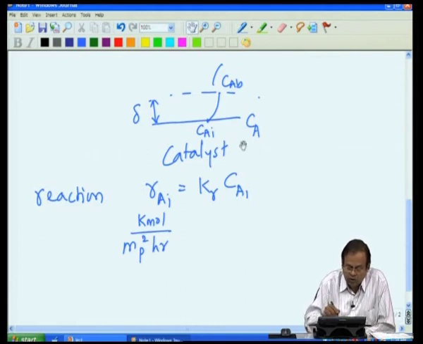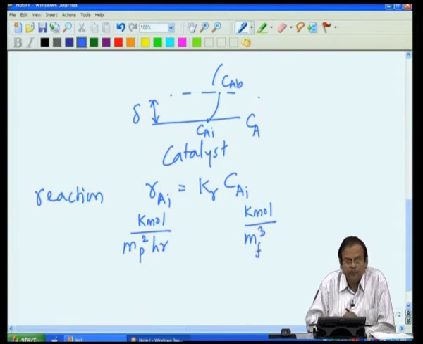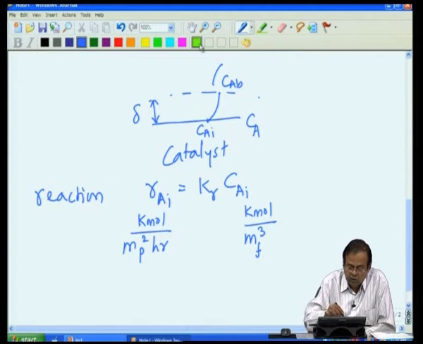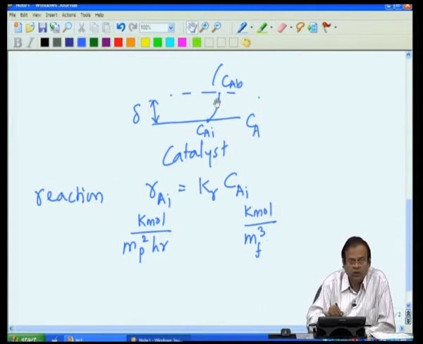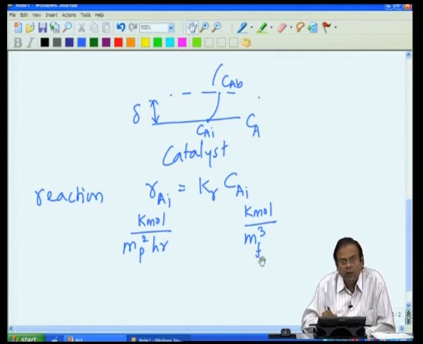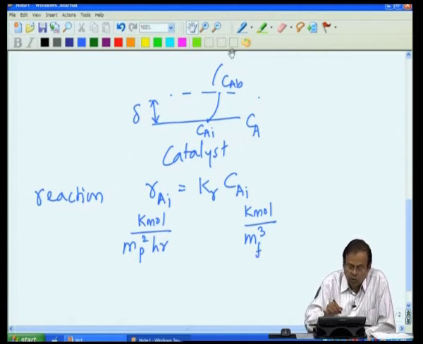Now, the concentration of the species CAI is in kilomole per mf cube, that is, the concentration is kilomole per volume of the bulk phase, that is the fluid phase. Fluid is in all this phase. So, mf cube. So, Kr therefore, must have unit of mf cube by mp square per hour.